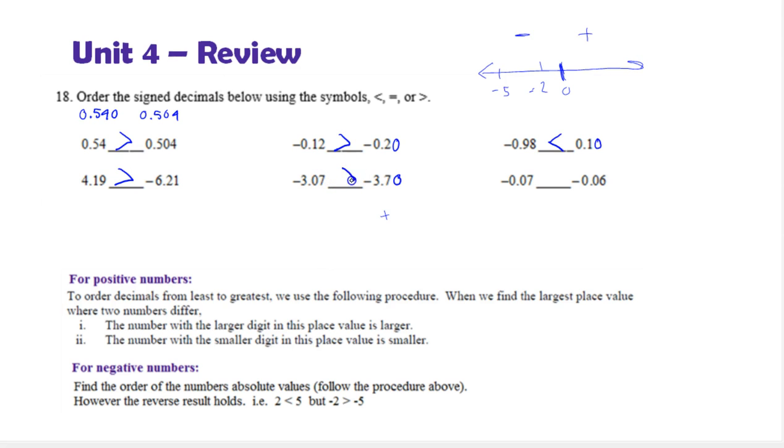So -3.07 is bigger. And finally, again, we have two negative numbers. They're the same place values, so we have 7/100 and 6/100. Well, this is bigger for positive numbers, which means it's smaller for negative numbers. So -0.06 is greater than -0.07.